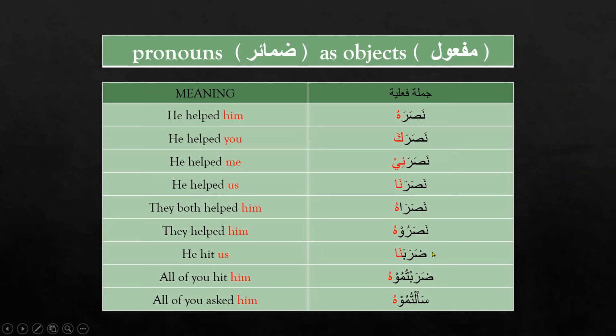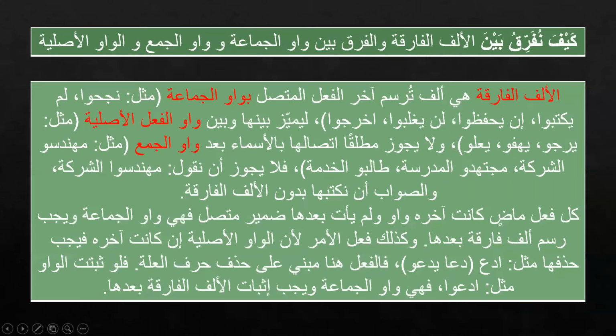So I thought that I should explain these terms that we usually come across when we are doing study of asma and afal. So inshallah, let's see what these terms mean. كيف نفرق بين الألف الفارقة and واو الجمع, واو الجمع and واو أصلية.